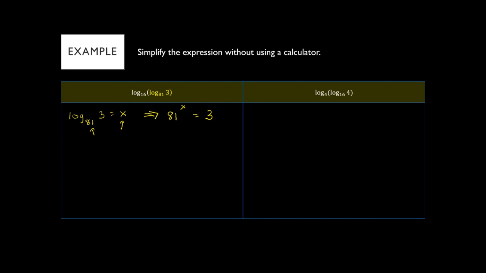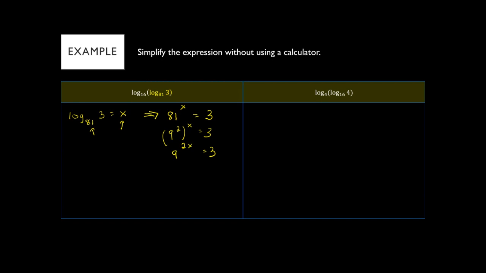So 81 is 9 squared. So 9 squared to x. And with our rules of exponents, you multiply those. So this is 9 to the 2x equals 3.